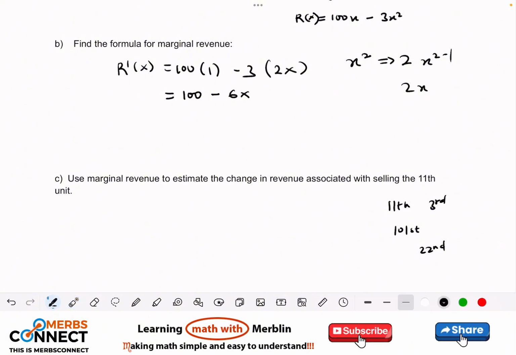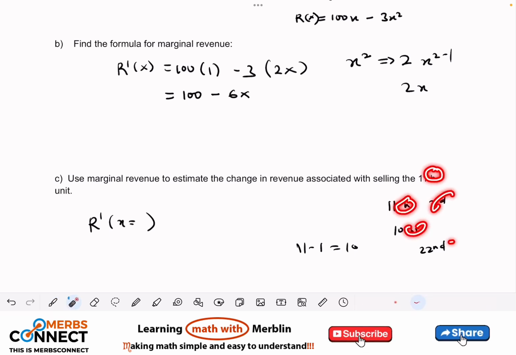So here, for R prime of X, for me to get the X, I'm going to subtract 1 from this. So I'm going to have 11 minus 1, which is going to give us 10 before I plug it in. So that is the idea. Anytime you have these terms added to it, you need to subtract 1.